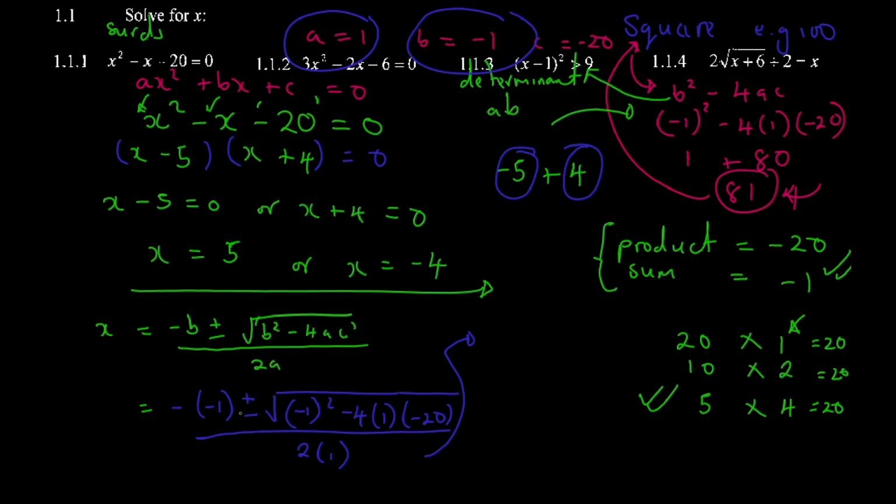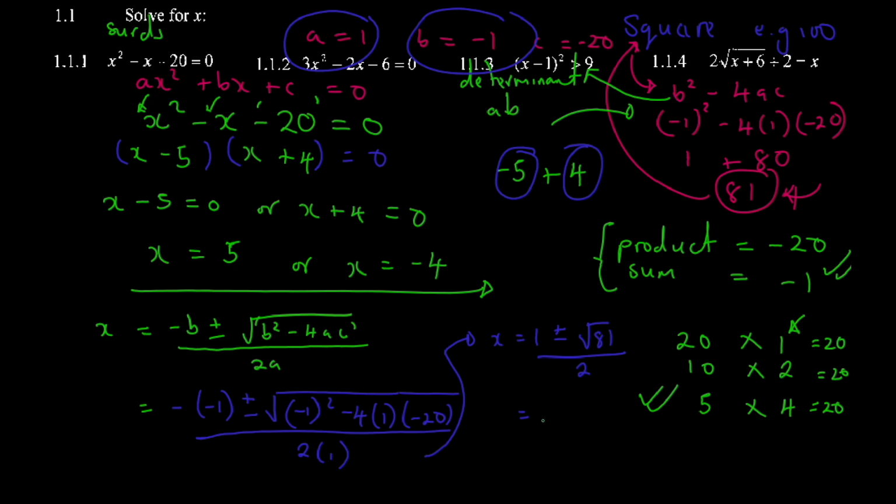I'm just going to squeeze my math into the space here. So this one will be positive, so it'd be x equal to 1, then plus or minus. Then here you'd be having 1 plus this one, which would be 80. So we'd be getting 81, so the square root of 81, like this, over 2.